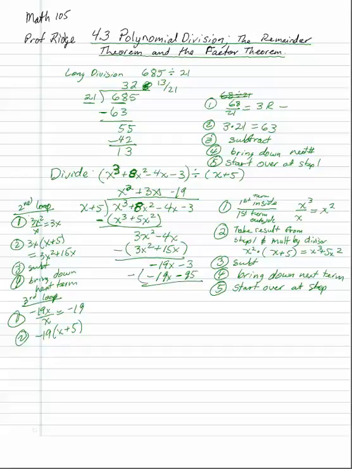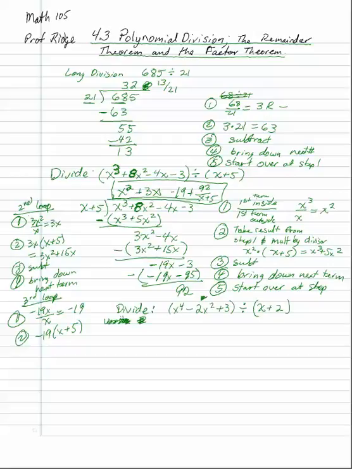We're going to subtract. So remember, you distribute the minus sign. So it's negative 19x minus a negative 19x, which is 0. Negative 3 minus a negative 95, which is positive 92. And that's your remainder. So we're at plus 92 over x plus 5. And that's my solution. Not solution, that's my quotient plus the remainder.